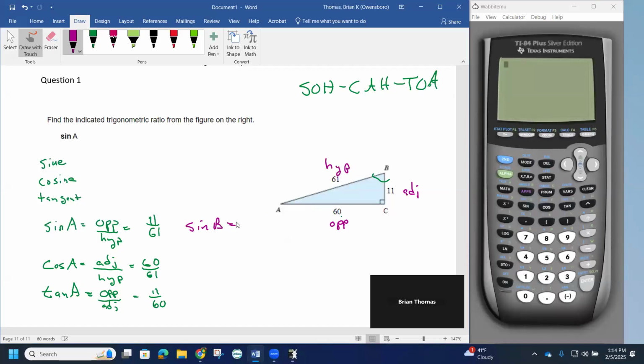So if we're dealing with angle B, our ratios change a little bit. Now we're going to have 60 over 61 for the sine of angle B. The cosine of angle B would be the adjacent over the hypotenuse, that would be 11 over 61. And the tangent of angle B would be the opposite over the adjacent, so that'd be 60 over 11.